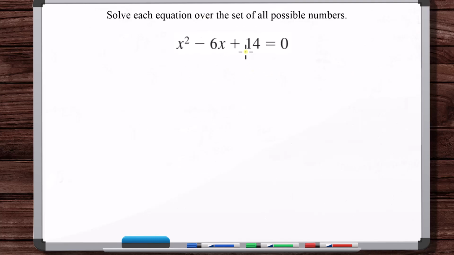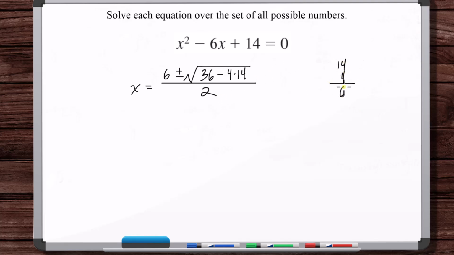Okay, so let's see. 7 times 2 is 14. You can't factor this, so let's use the quadratic formula. Minus b plus or minus the square root of b squared minus 4 times 1 times 14, all over 2a. So x, let's see, 36 minus 56.